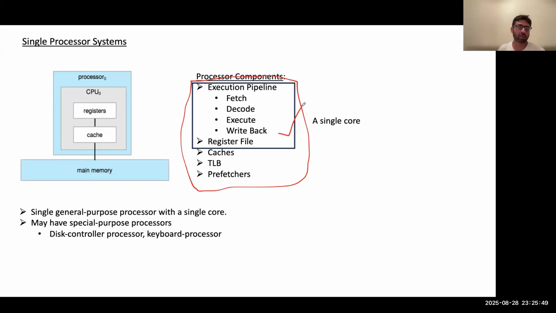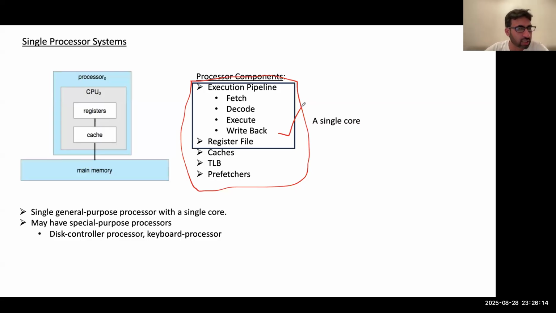Same is the situation for the keyboard processor. So these controllers are processors, but they are like for performing a specific function. So that's why they are not considered as a regular processor on their own. And if you have these special purpose processors in a computer, it doesn't mean that that computer will be considered a multi-processor system.